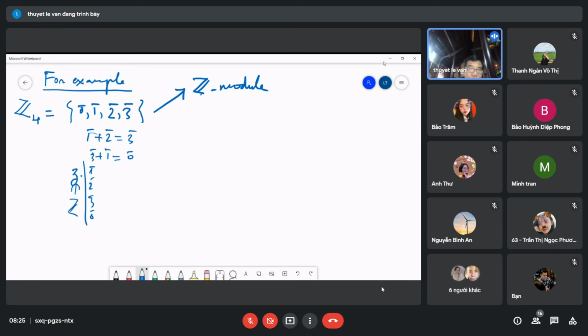For example, you take Z, say 1, and then you tie with 2, that is equal to 2.